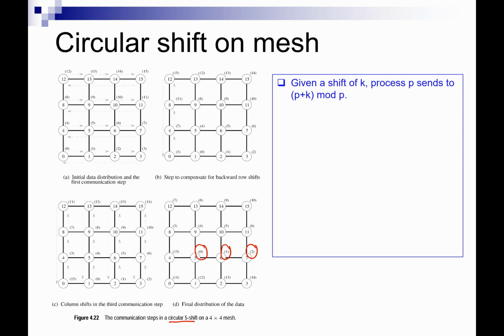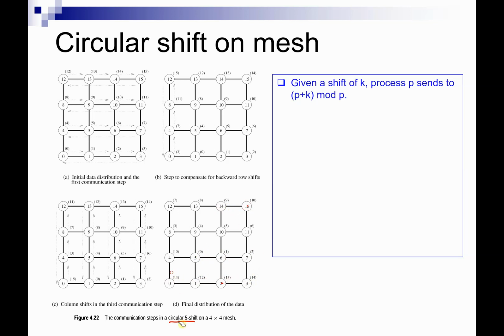Now if you take one of these processes like 14, if you shift by 5, then you need to go 1, 2, 3, 4, and 5 processes. So therefore 14's message should end up at 3. So that's what a circular shift is. You just pass your message forward by k steps, for some k.